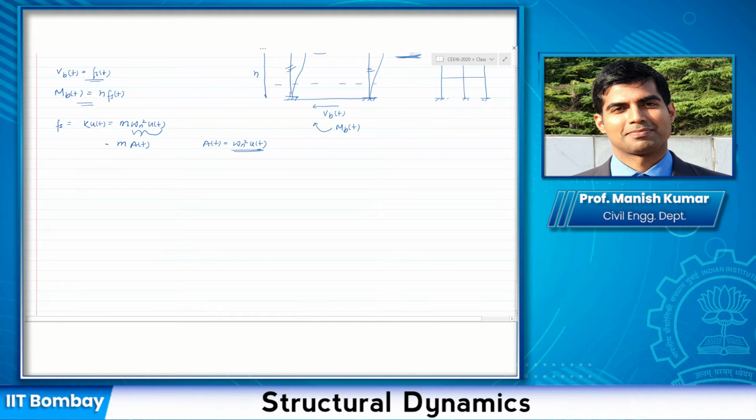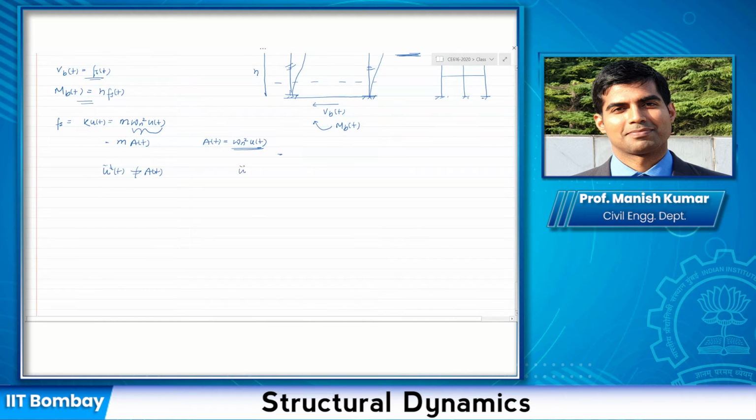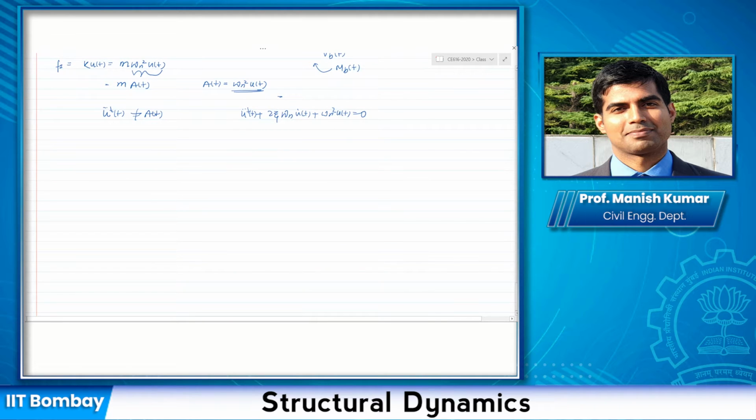Do not confuse it, as I told in the last class, with the total acceleration, which is u double dot of t. This is not equal to a(t). It is only equal to a(t) when the damping is 0. If you look at the expression for u(t), remember we had written the equation of motion for seismic excitation, where u double dot is the relative acceleration plus the ground acceleration.